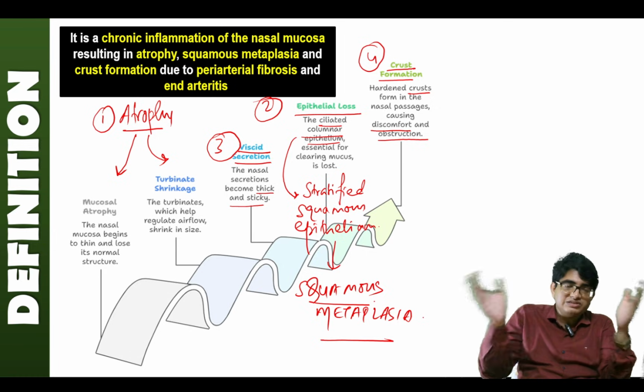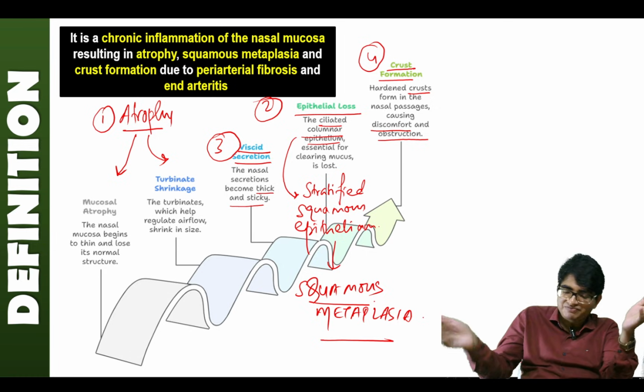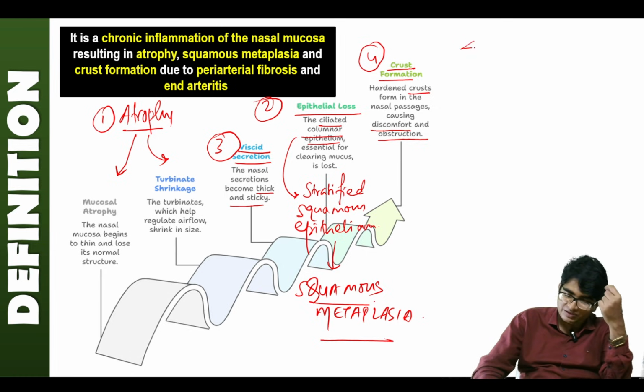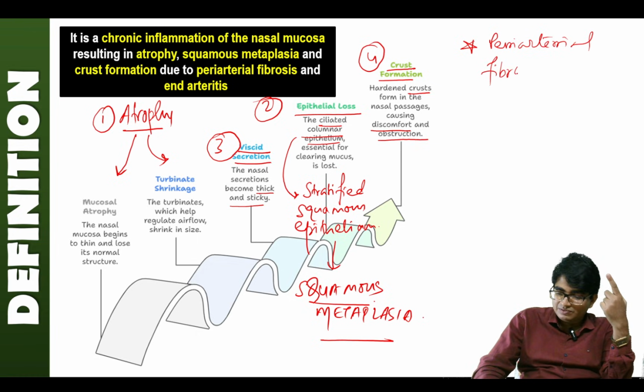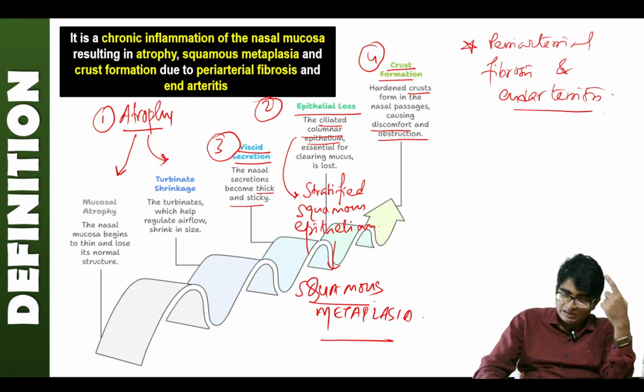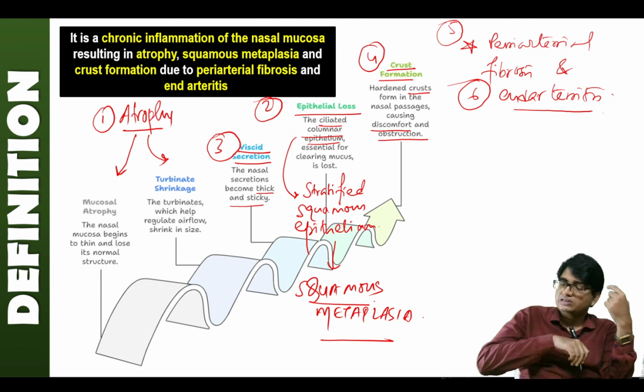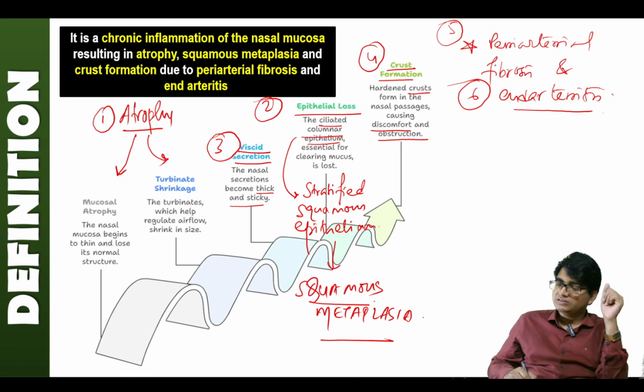And all these things occur because of two most important keywords you have to remember: periarterial fibrosis and end arteritis. So if you count, I think there are 5 keywords, rather 6 keywords in this slide.